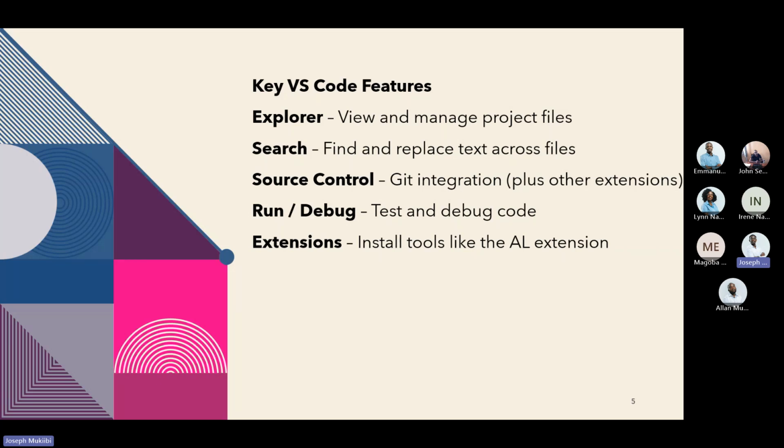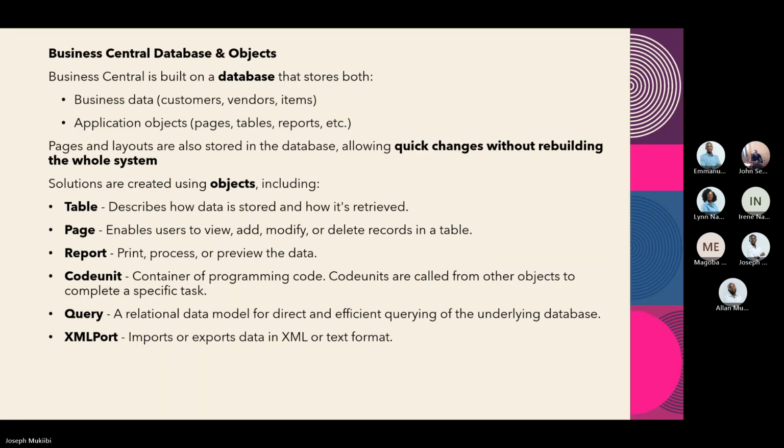Running tests and debugging code, and installing tools like the AL extension. So these are some of the features of VS Code, things you can do with Visual Studio Code. Business Central, I'm not going to go into first, because we'll be looking at the tools you can use to start the AL development, which is VS Code.